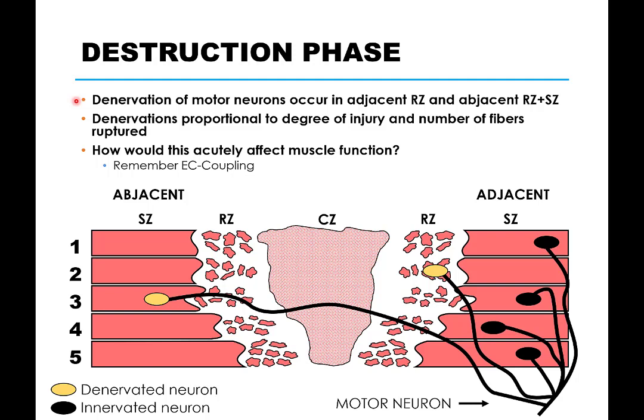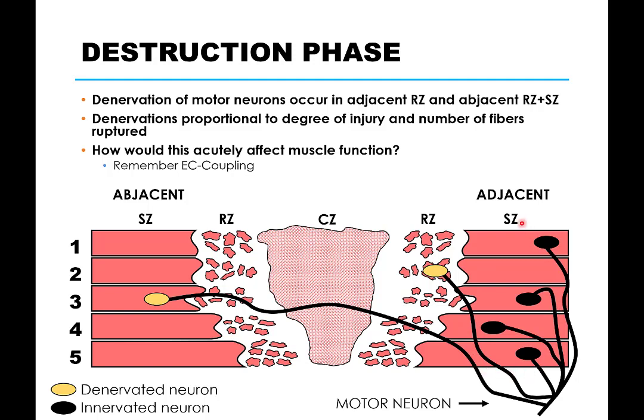Now, if we look again at this simple illustration, the side on which the motor nerve is located in relation to the central zone of the damaged muscle fibers is described as the adjacent side. On the adjacent side, the motor neurons that innervate any muscle fibers within the surviving zone remain innervated.